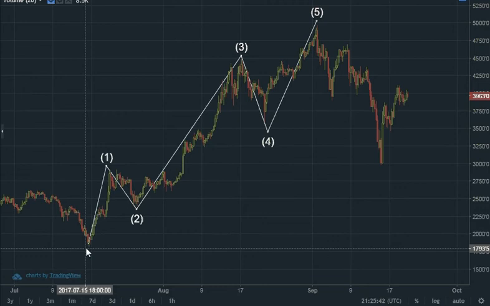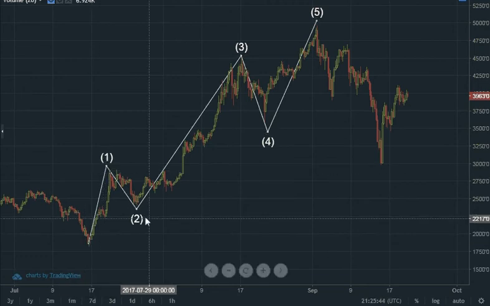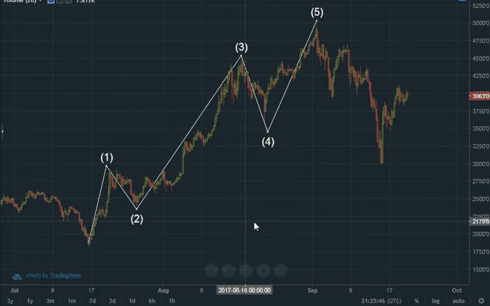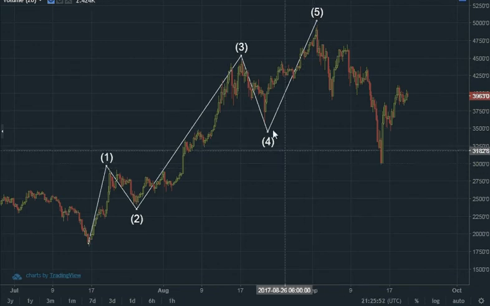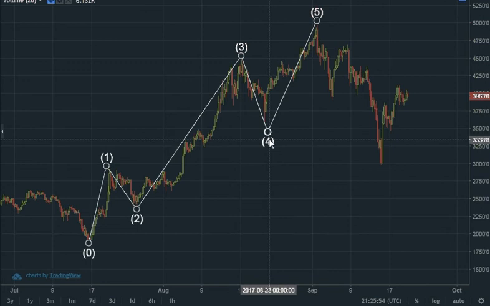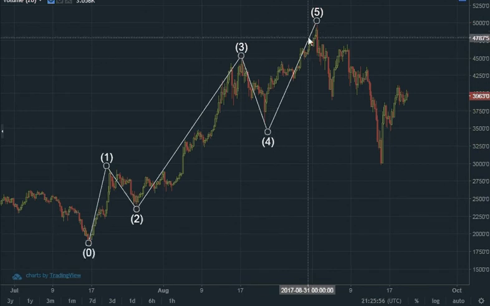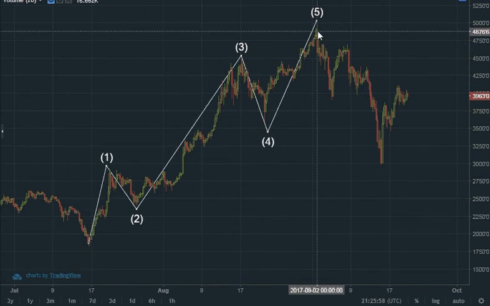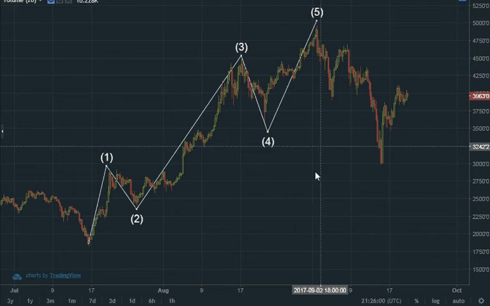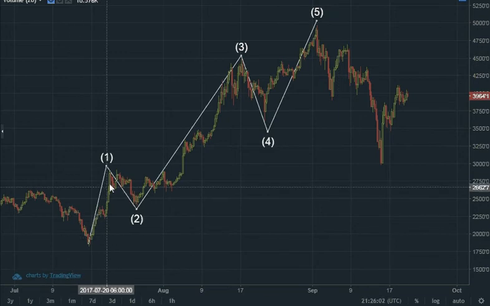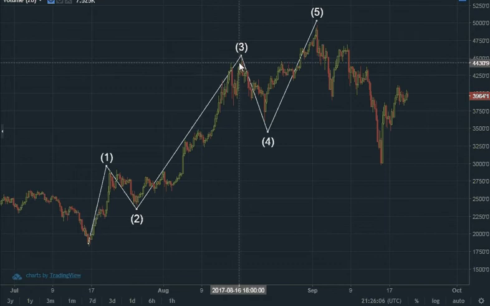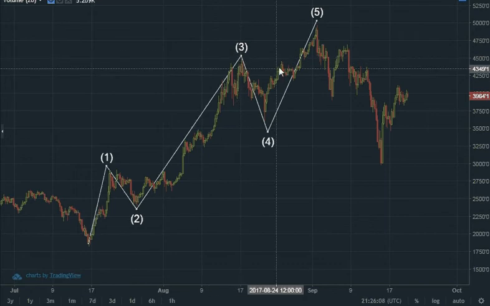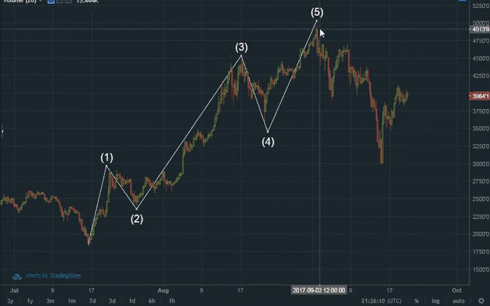As you will notice, wave 1, wave 3, wave 5, all those three must have subwaves, subdivided waves that are impulsive. So 1, 2, 3, 4, 5, 1, 2, 3, 4, 5, 1, 2, 3, 4, 5.